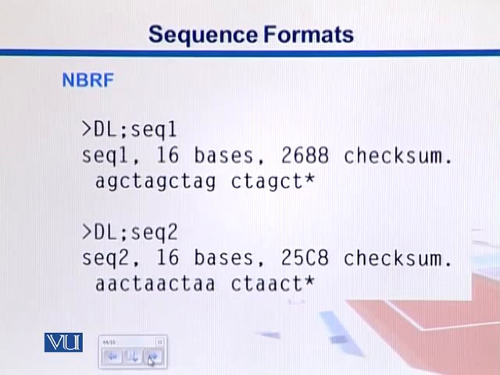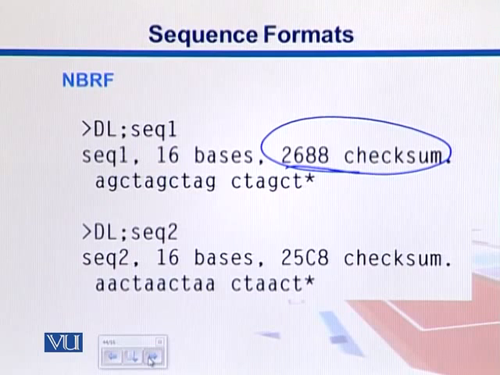NBRF, let me go over it also. In addition to the sequences, whose format is pretty similar to simple FASTA, it gives us the checksum value. For checksum, we take those nucleotides, and since we know in computers every character is related with some ASCII value, we can take those values and add them up together, and then we come up with this number called checksum.